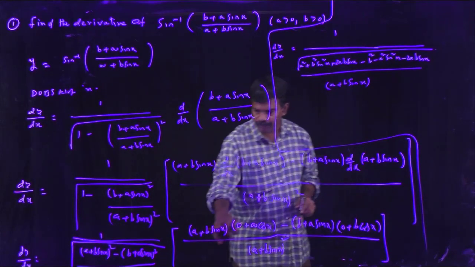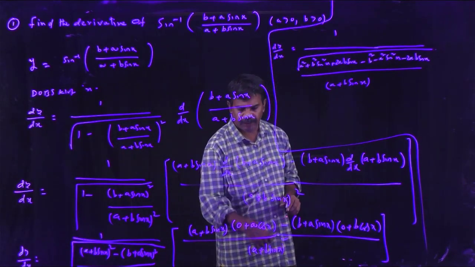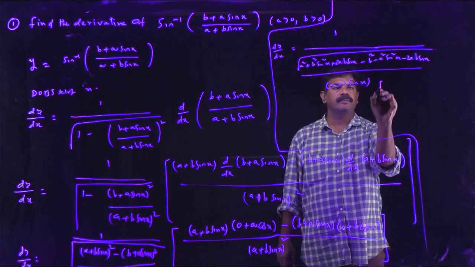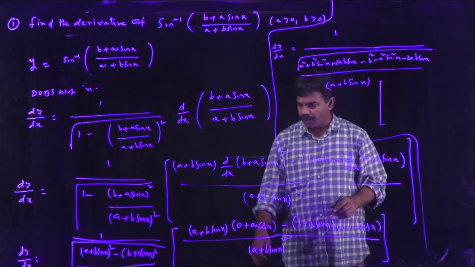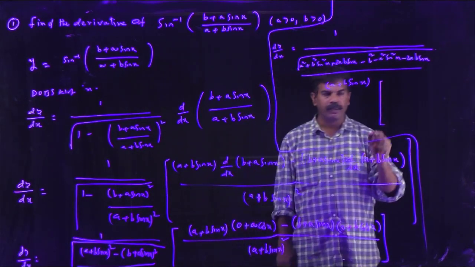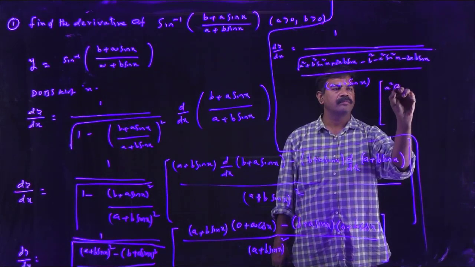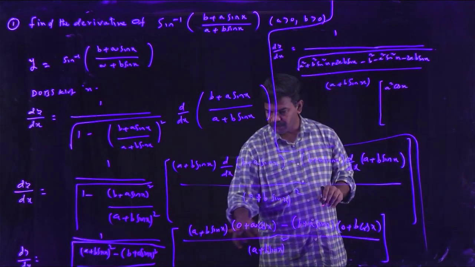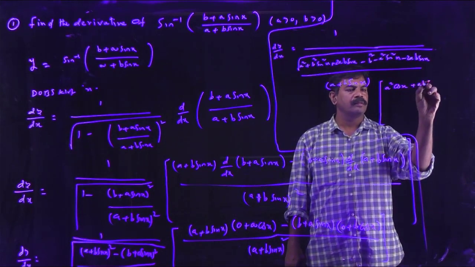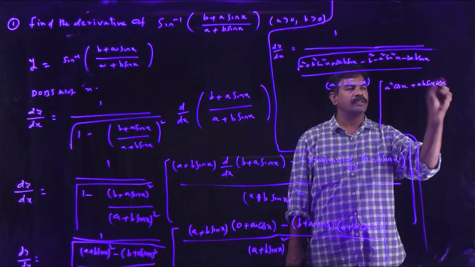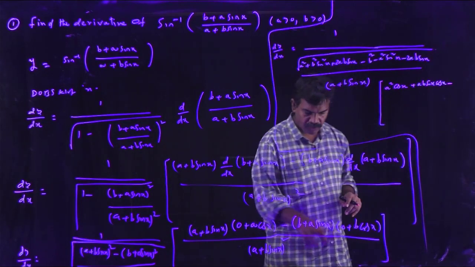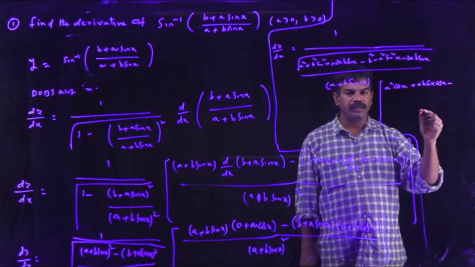Here multiply (a plus b sin x) into 0 plus a cos x, that is a into a, a square cos x, plus b into sin x into a cos x, that is ab sin x cos x, minus b into b cos x, that is minus b square cos x.